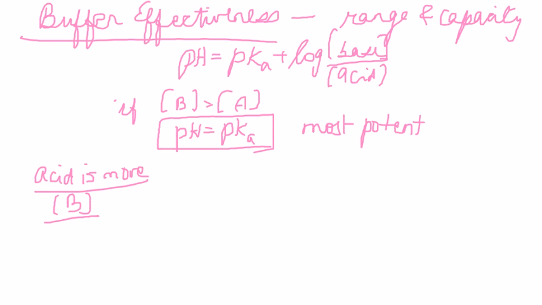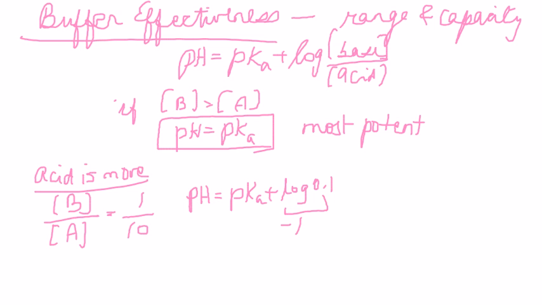So if base over acid is 1 over 10, so we have more of the acid, that would mean that the pH is going to be equal to pKa plus log of 0.1, and this number is a -1, so that is why I say it's plus minus 1 unit of the pKa that decides the pH of the buffer.